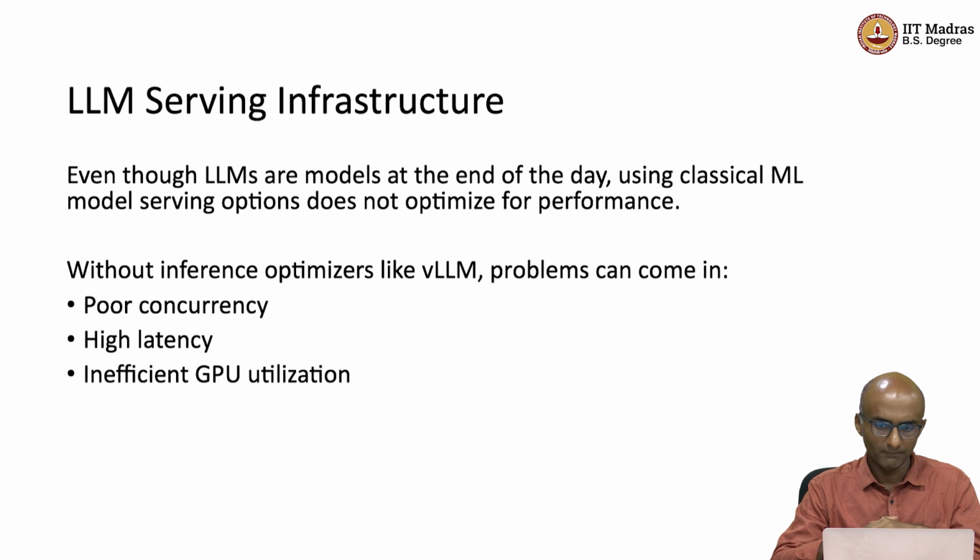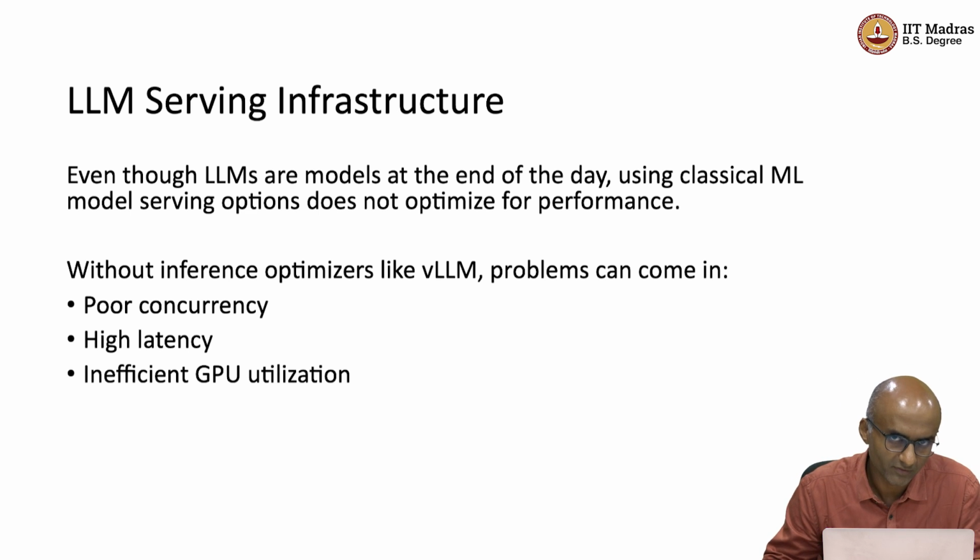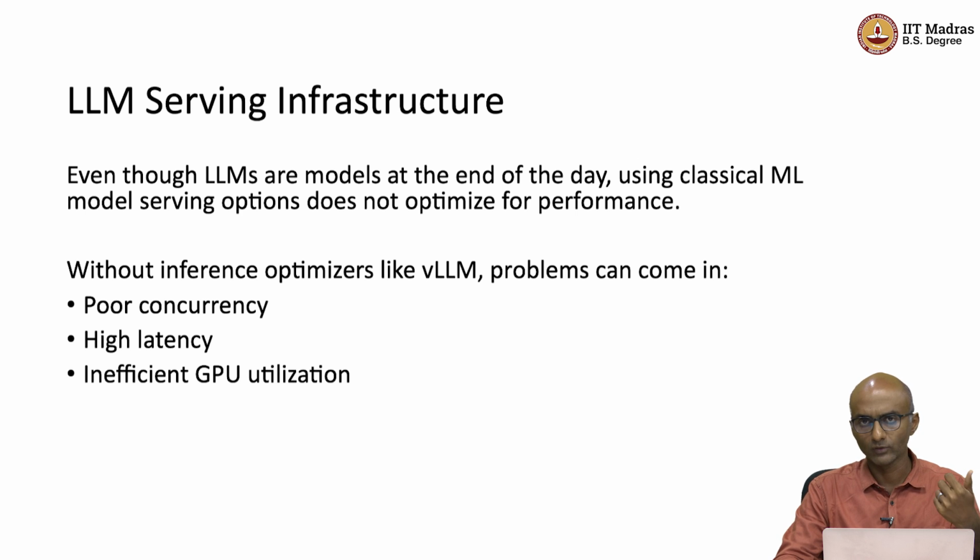One of the most important classes of problems would be performance. The resources attached to the LLMs are expensive. We know that already because GPUs are in high demand and GPUs are necessary for LLMs to run.